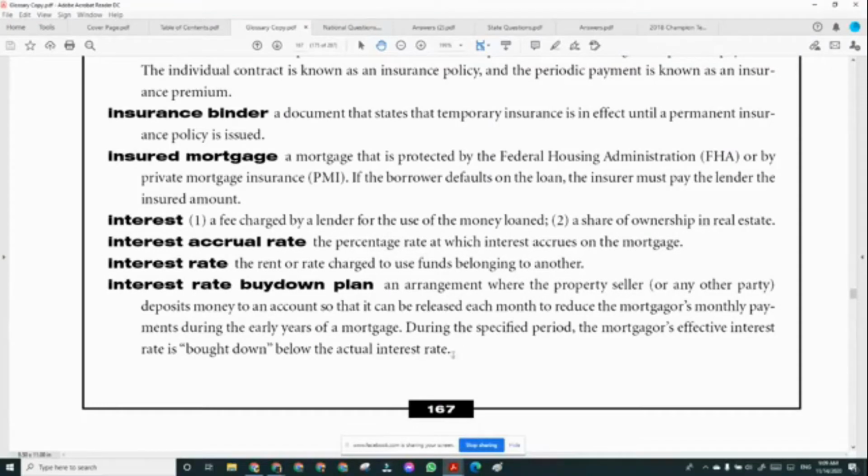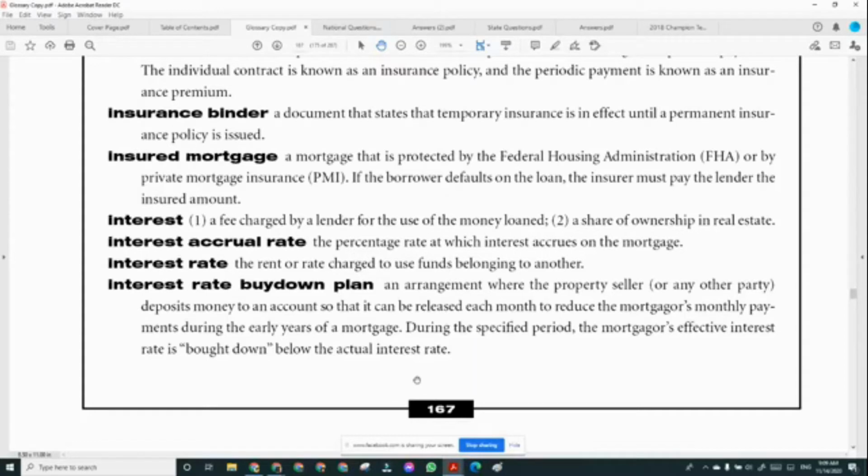Interest, 1, a fee charged by a lender for the use of the money loaned. 2, a share of ownership in real estate. Okay, so if you have an interest in real estate, that's a certain percentage that you own of the real estate property. Could be land, home, a commercial business, lease. Okay, you have an interest in it.